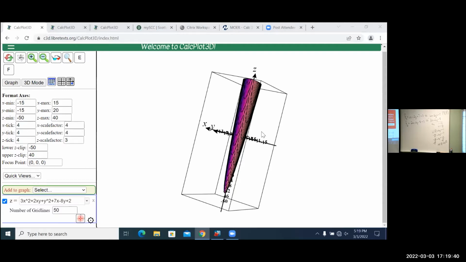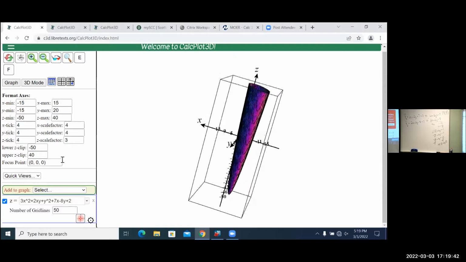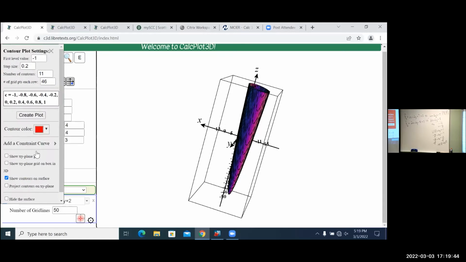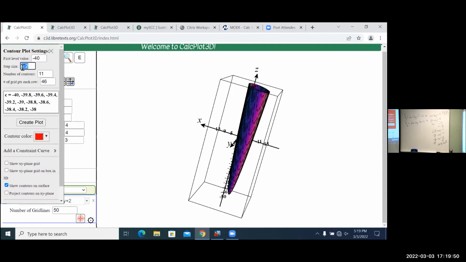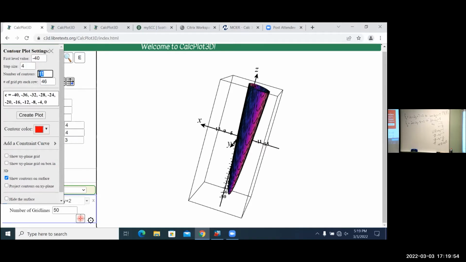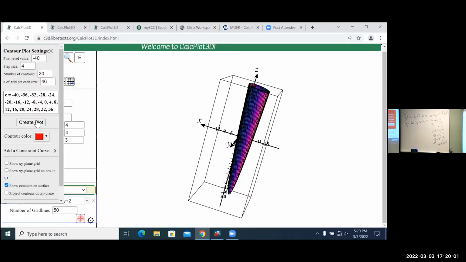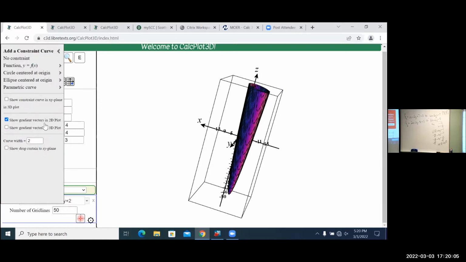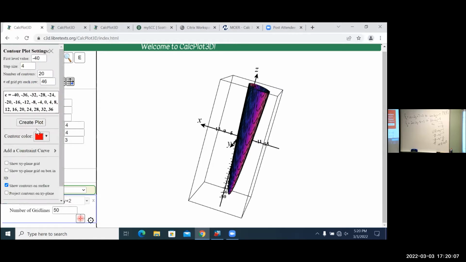Now, a couple things I want to look at. I'm going to do a contour plot. And we'll start down there. When we do a contour plot, we're also going to add our, oh no, we're not doing a constraint, sorry.